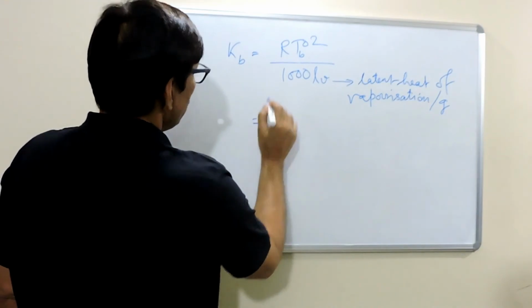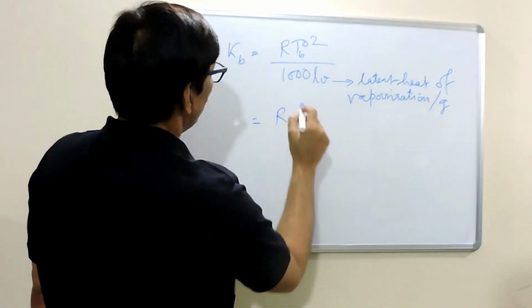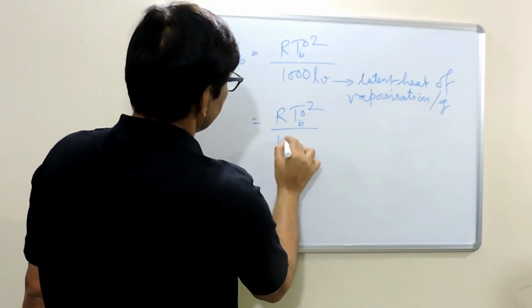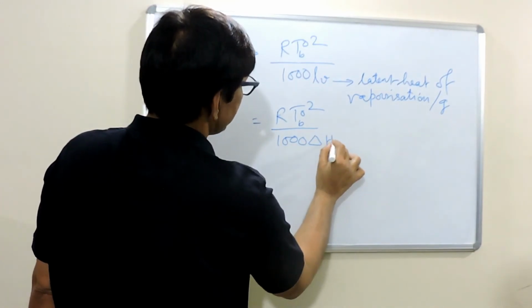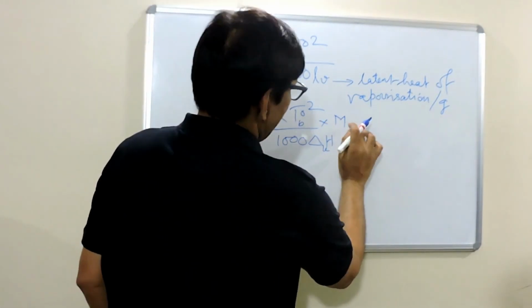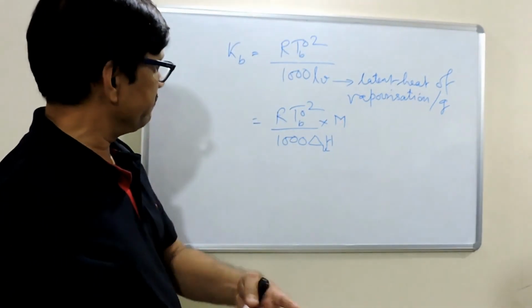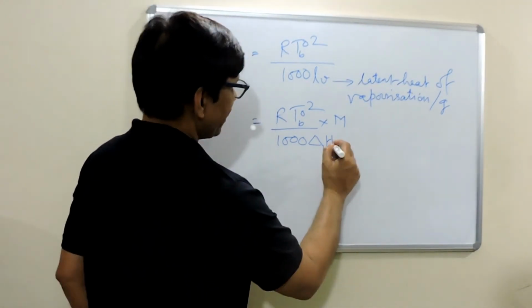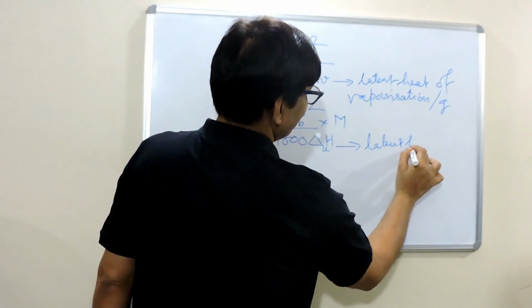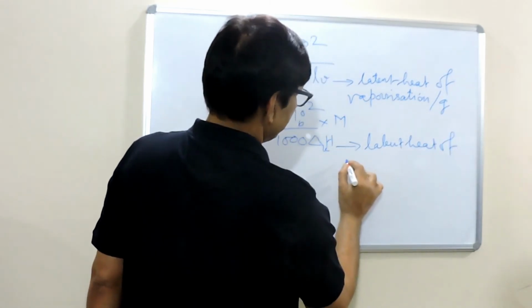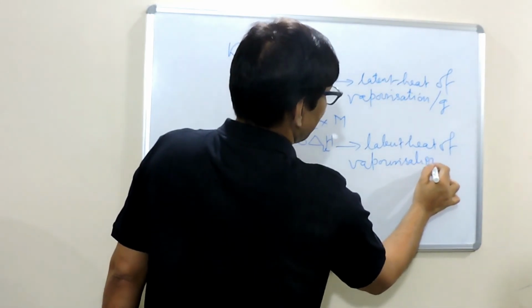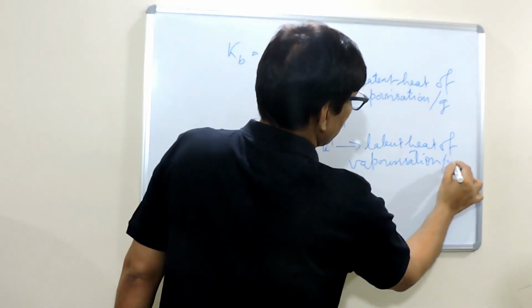If we take per mole, for 1 mole, then it will be R Tb naught square divided by 1000 delta HV into M. Here again, this M is the molecular mass of the solvent, I've given you already earlier, and this delta HV will now be the latent heat of vaporization per mole.